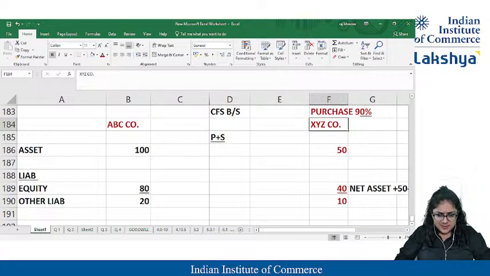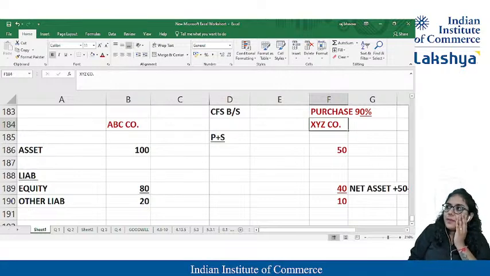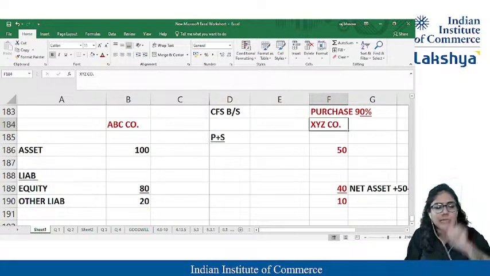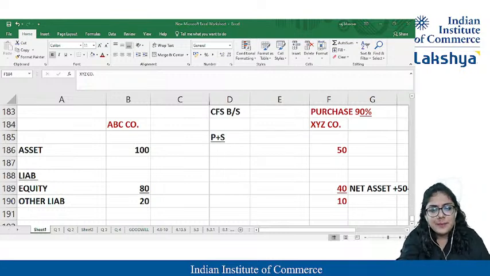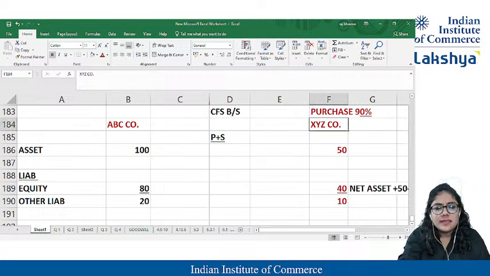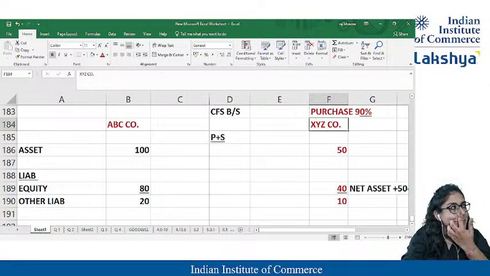So the remaining 10% is with the NCI. If I am doing so, how much asset will I book in the consolidation?